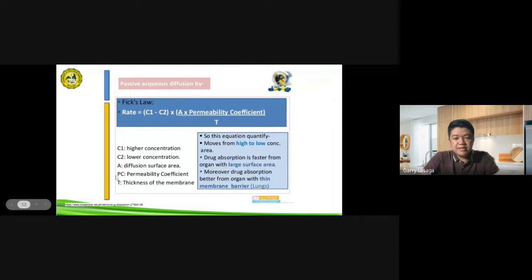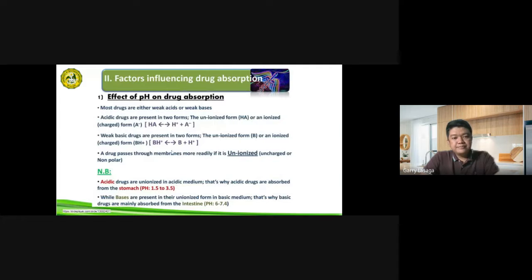And this permeability coefficient can be influenced by the lipid solubility of a particular drug. So of course, the higher its lipid solubility, the drug will be moving readily across the lipid bilayer.